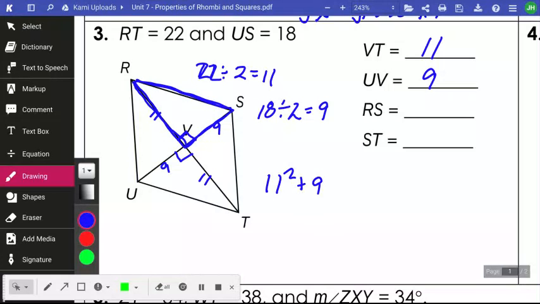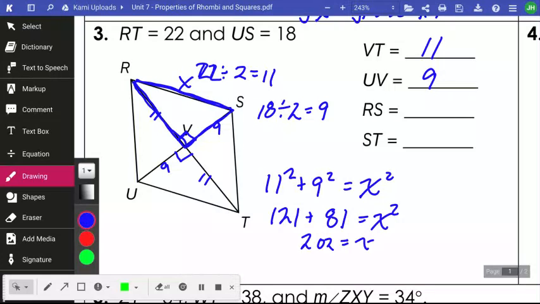So they'll be together equal to x squared. And so we'll let this hypotenuse be x. So I will simplify. Square root both sides after you get them added, and I'll get x is approximately 14.2.